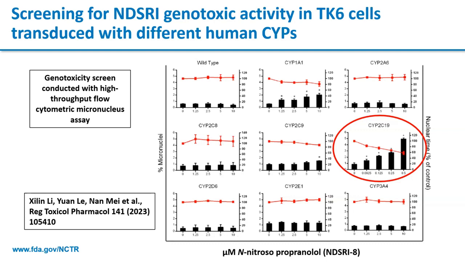Following this screen for genotoxicity, HPRT and TK mutation assays were conducted, and they confirmed that N-nitrosopropanolol induced mutations as well as micronuclei in this CYP2C19 expressing line.